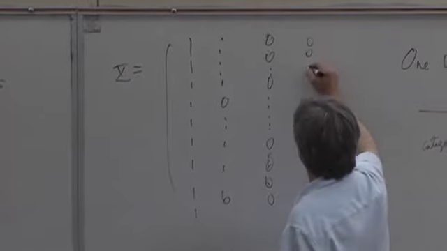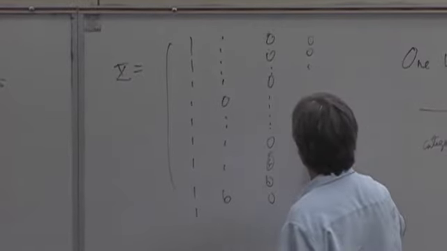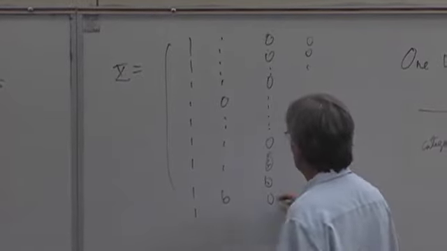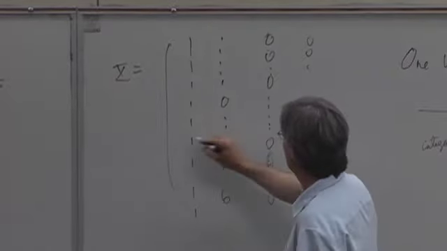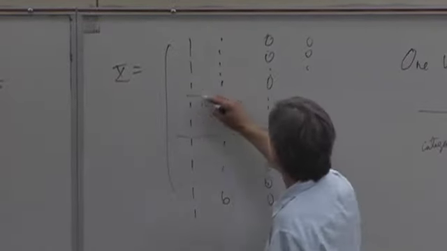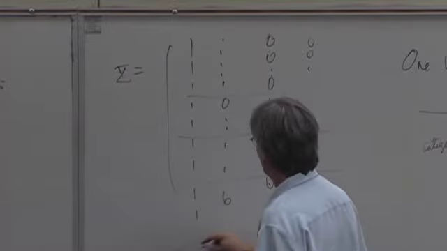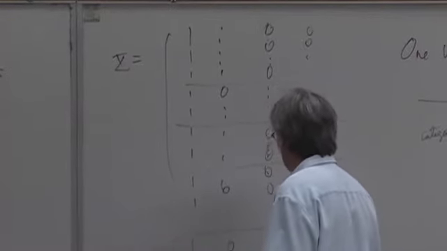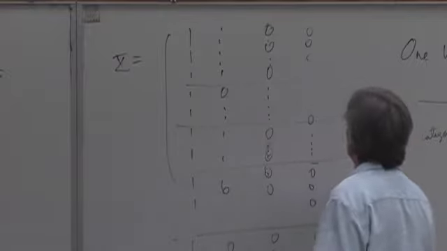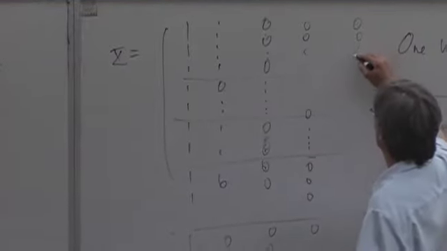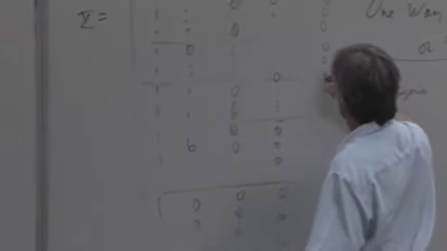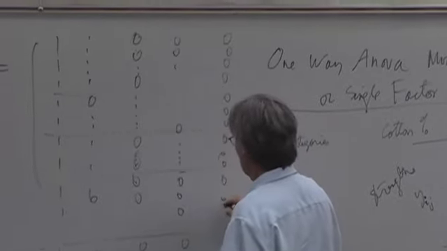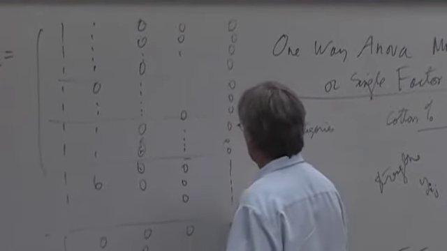And then zeros down to here, and then 1s for a while, and then zeros. So there's going to be 5 different situations here. 1, 2, 3, 4, and then I need one more. 1, 1, 1, and then zeros, and then just one more indicator. Just 4 indicators. 1s here, and then zeros.